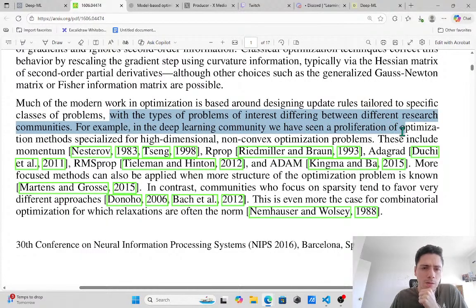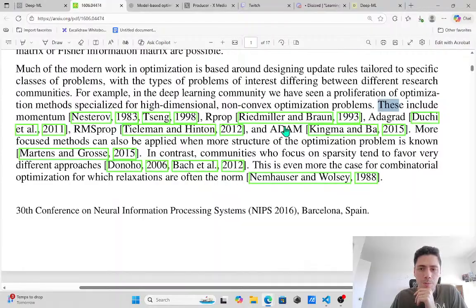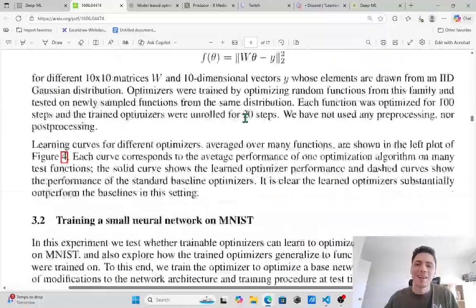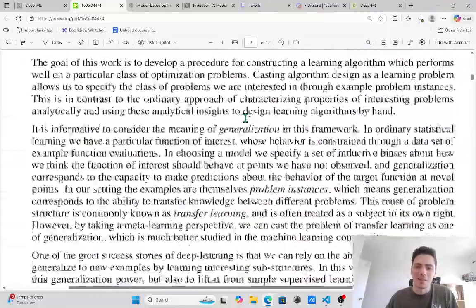It's talking about how there are a lot of different types of hand-drawn optimizers for different fields. Momentum, Adam, sure. Adam has been around for a while, and I feel like it's still widely used today.